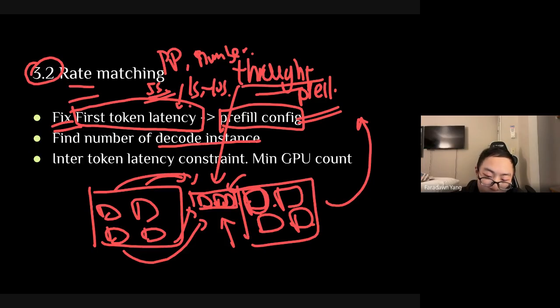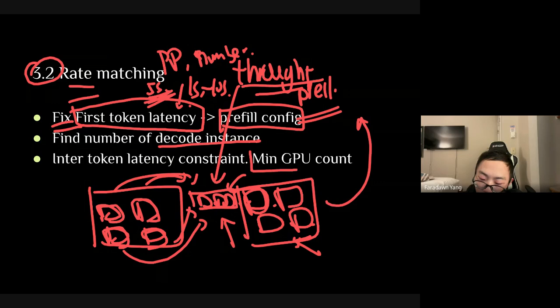And then after fixing, say, 4 prefill instances, which suffice for the 5-second target, we can determine how many decode GPUs are needed to match the throughput of these 4 GPUs in prefill.